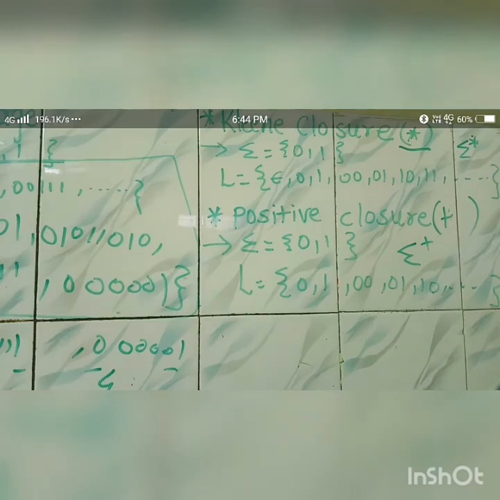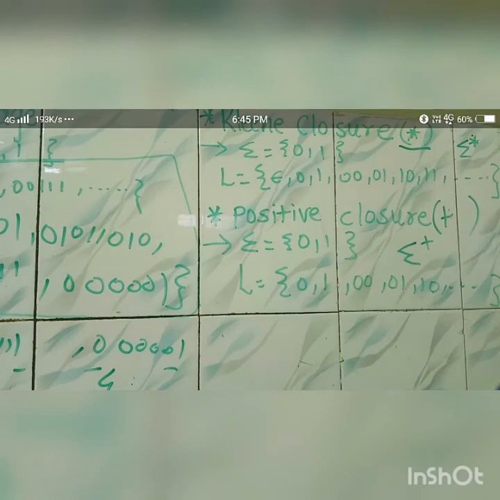Then we saw two different terms, that is Kleene closure and positive closure. What is a Kleene closure? In developing any language with Kleene closure, we have to start compulsorily with epsilon, and in developing the positive closure, we start by excluding epsilon, which we have included in the Kleene closure. Means Kleene and positive are opposite in nature.